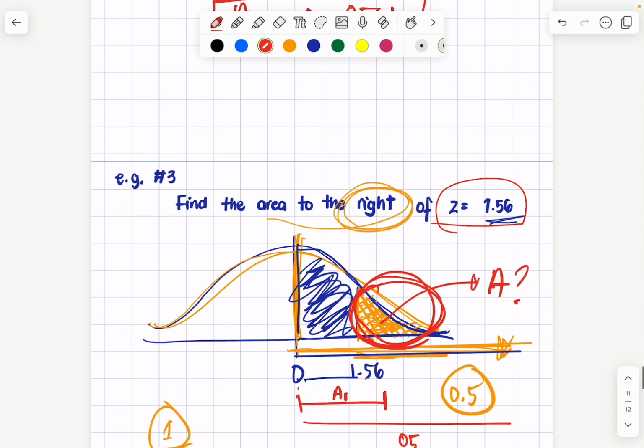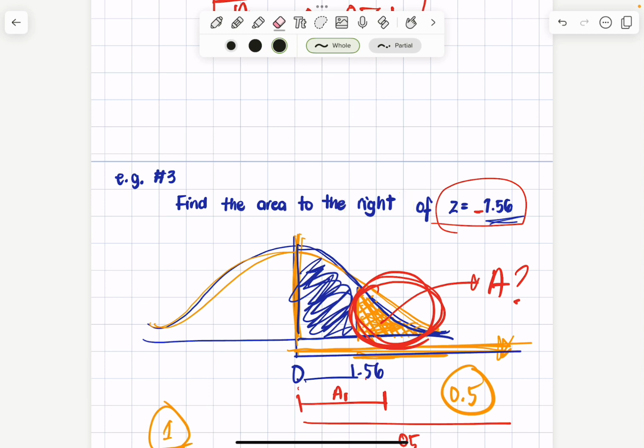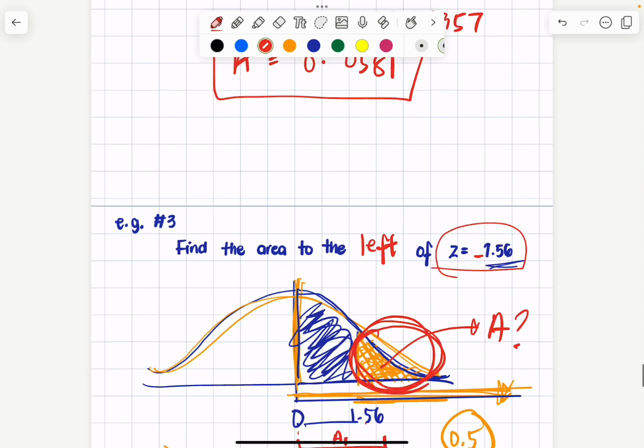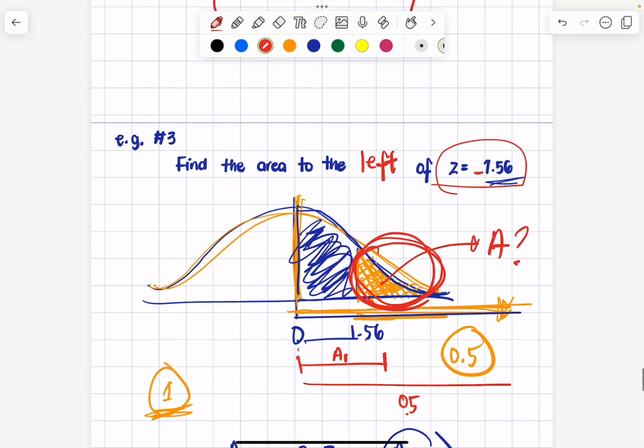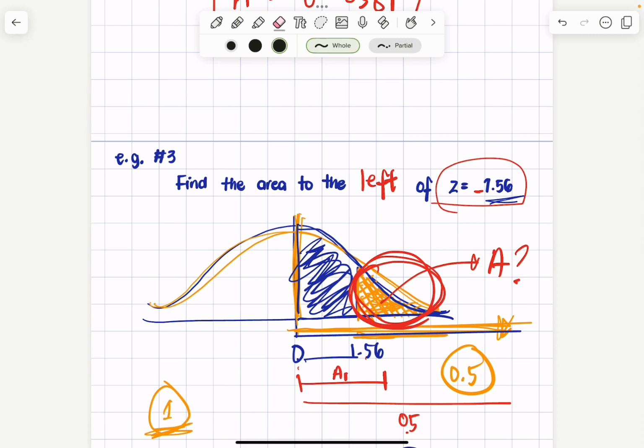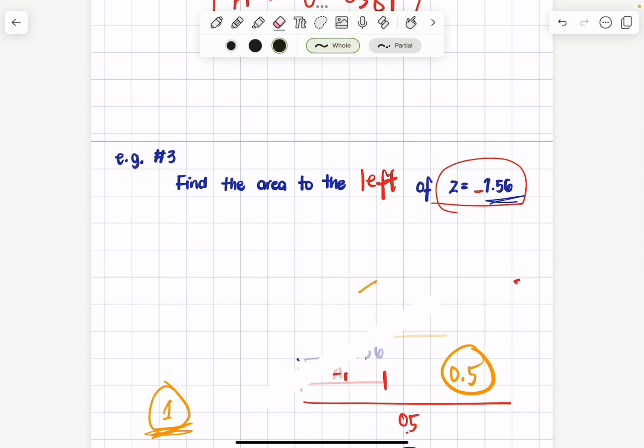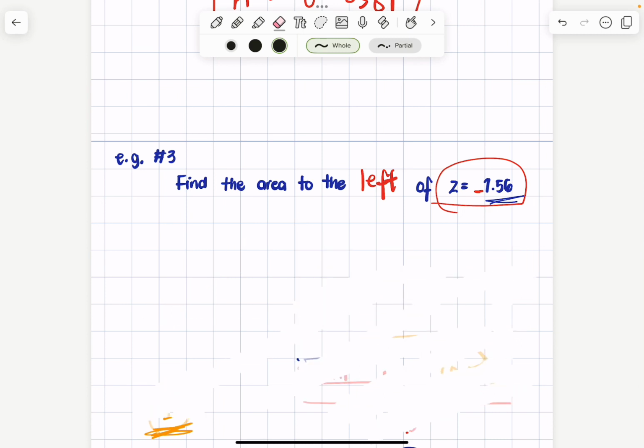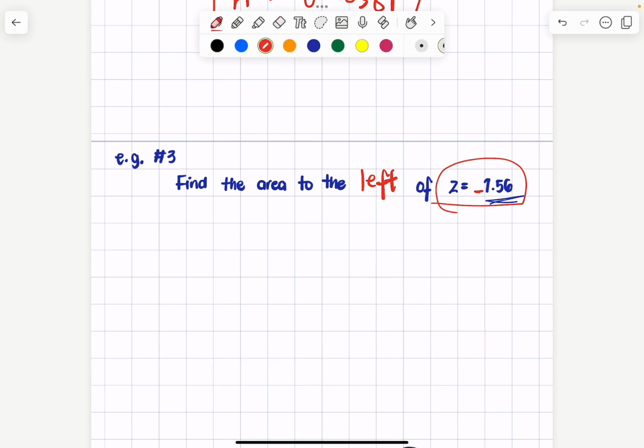So, how about, ma'am, if this is negative? And then, this will be to the left. Unsa man dayon siya ang mahitabo? So, ang mahitabo dayon ana kay ato sa ni erase. As usual, i-draw ra jud gihapon ninyo ang inyong curve para makita ninyo og tarong asa na siya.